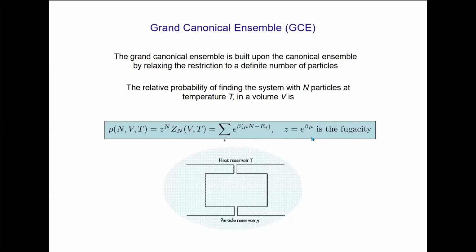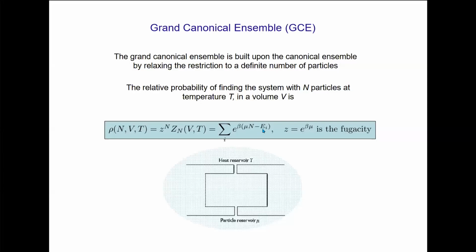If we introduce z as the exponential of beta mu, where mu is now some other parameter, and plug it in here, we get the expression exponential of beta mu n minus the energy of the system, summed over all energies of the system with a fixed number of particles equal to n.